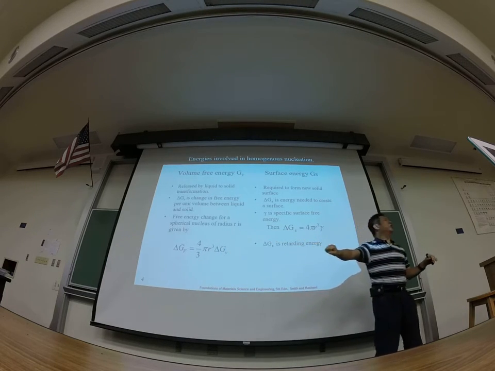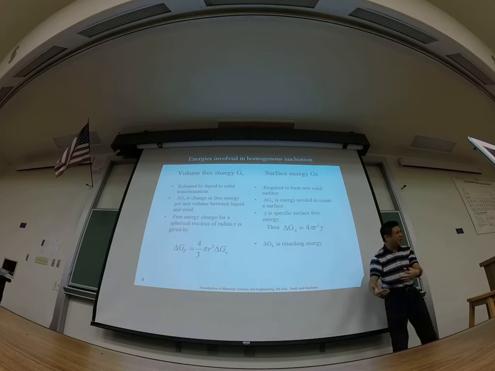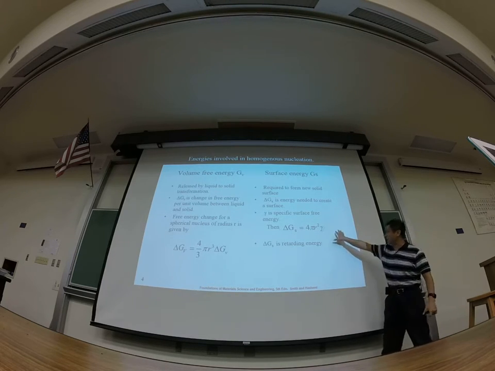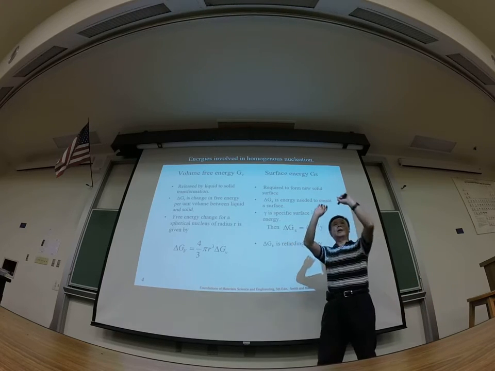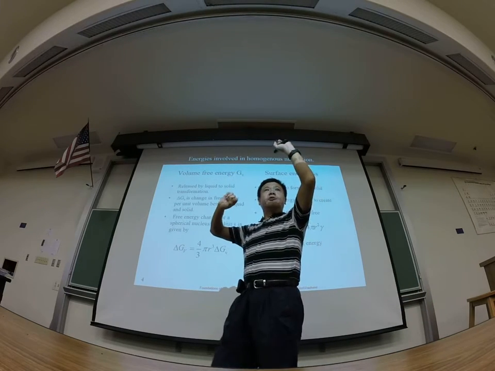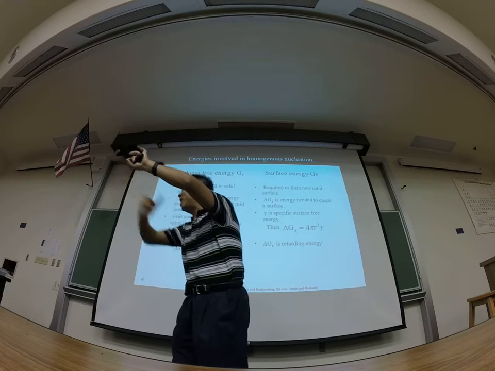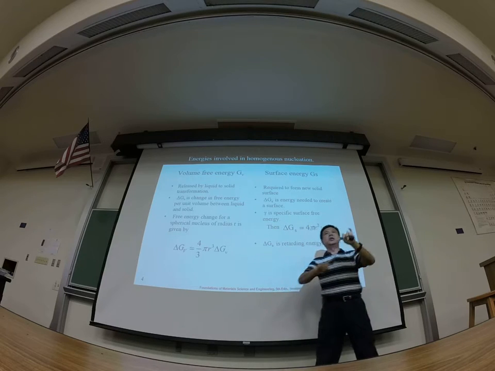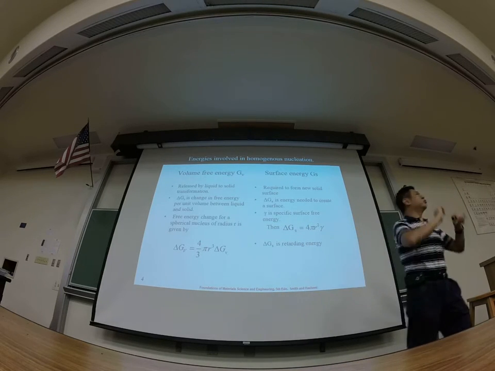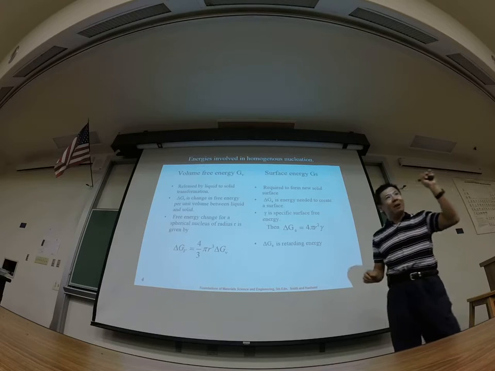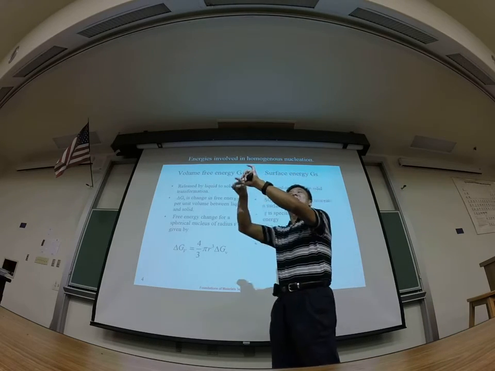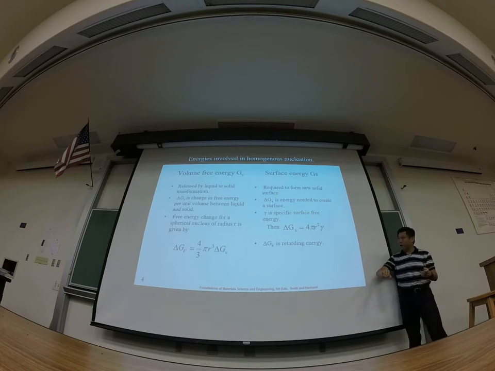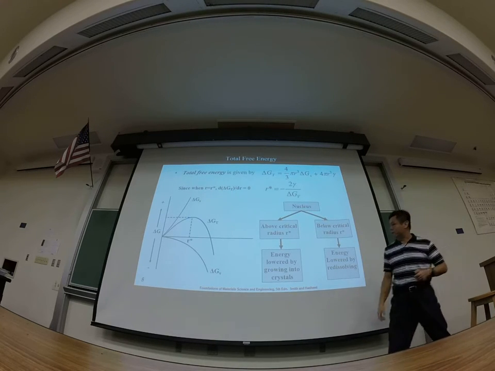But there's another resistance against this crystallization: when you generate solid domains, those solid domains will have surface areas. You have to compensate the energy you need to generate new surfaces, right? The surface here is the solid and liquid interface. So that will be the surface term, which is the resistance.